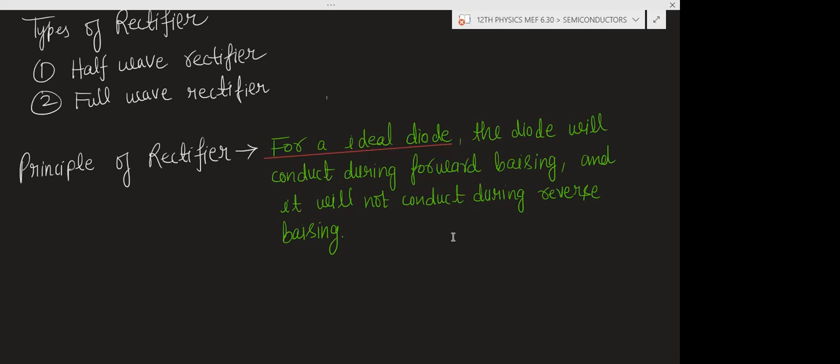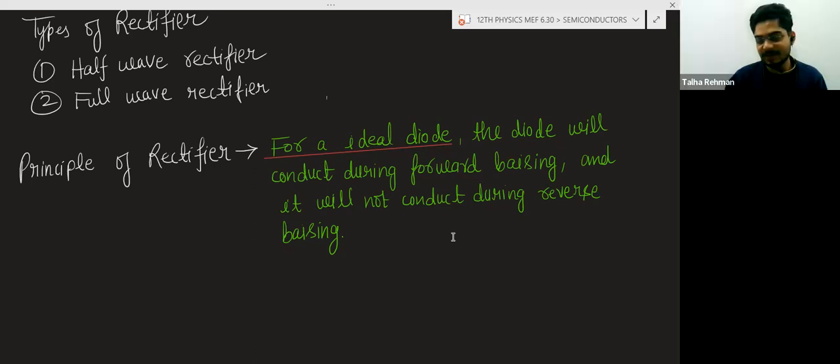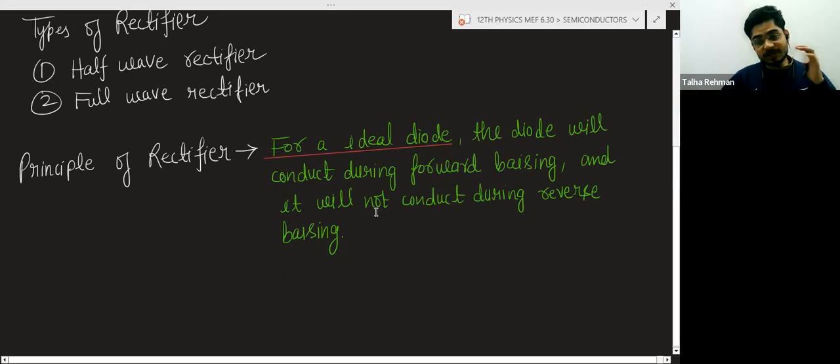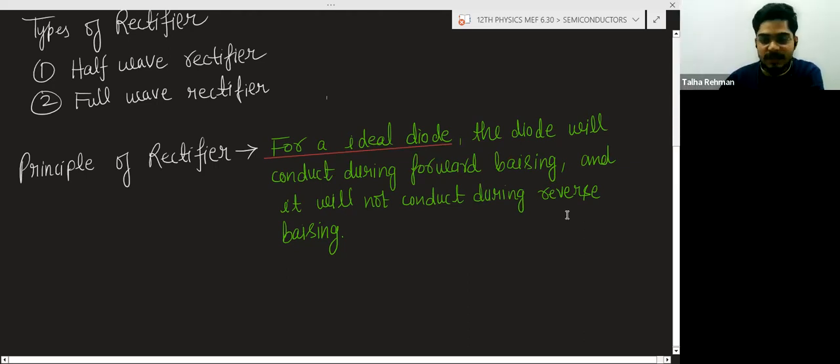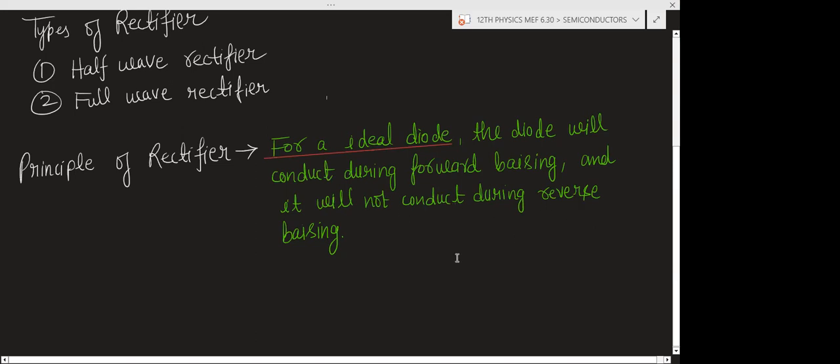So for an ideal diode, we can consider that the current is zero. If the diode is not ideal, then you cannot say the current in reverse biasing is zero. It will be very less, but it will be there. But in an ideal diode, we can consider the reverse current to be zero, so we can say it will not conduct during reverse biasing.